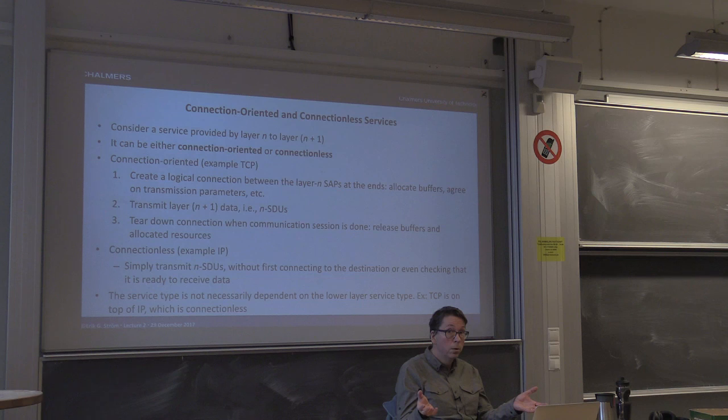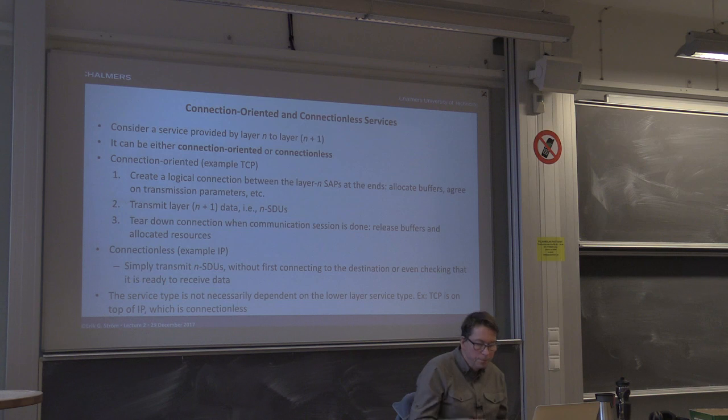Both are possible. TCP is working over a packet-switched network, but it's connection-oriented. And we could also have a connectionless service working over a circuit-switched network. That's fine too. So these are two different things and are often confused. Questions? Okay, continue.